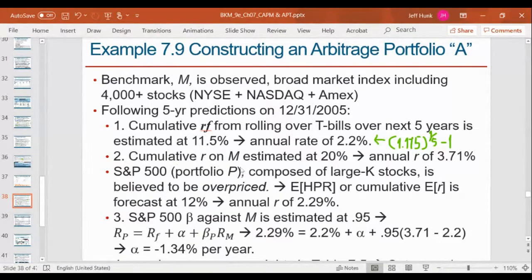Now, the cumulative return on the broad market is estimated at 20%. So this is also 5 years. And if you do the same thing, you'll get the geometric average annualized return of 3.71%. And the S&P 500 is your portfolio, right?